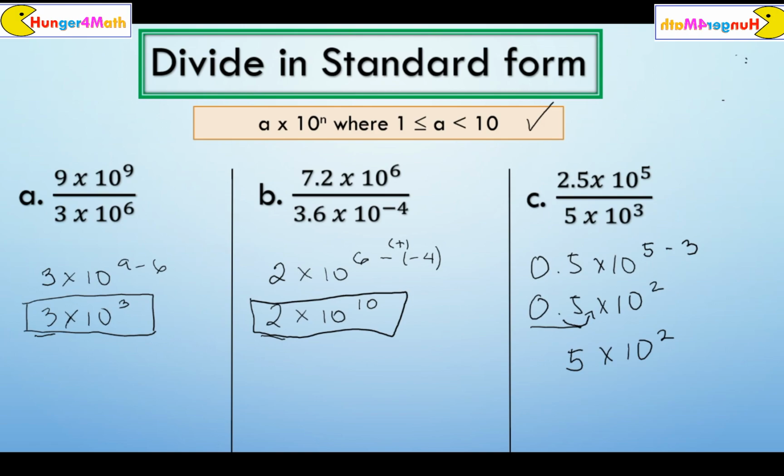Now since we moved the decimal to the right once, we need to subtract 1 from our exponent. Let's solve. 5 times 10, then 2 minus 1 is 1. The value of a is 5, which is less than 10 but greater than or equal to 1. So our final answer is 5 times 10 to the power of 1.